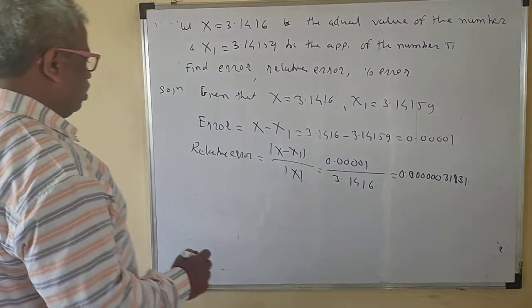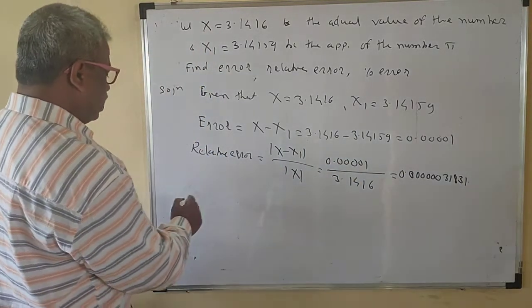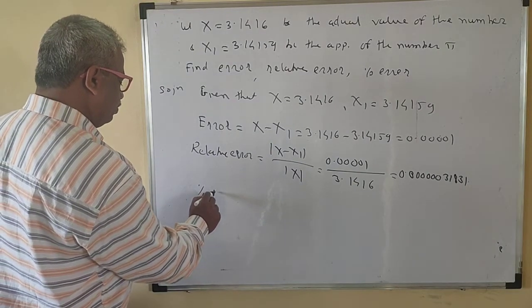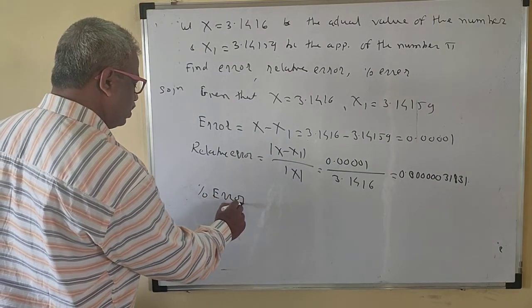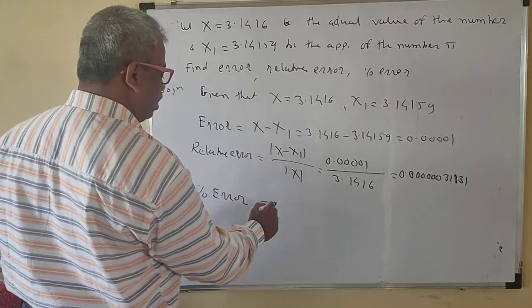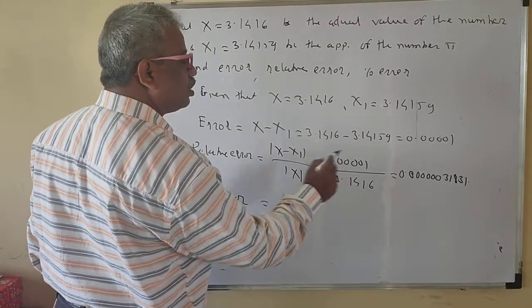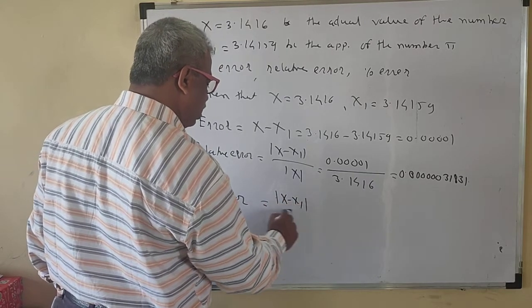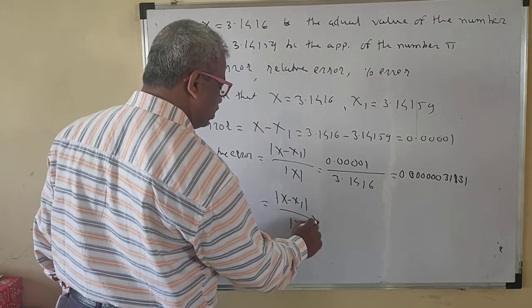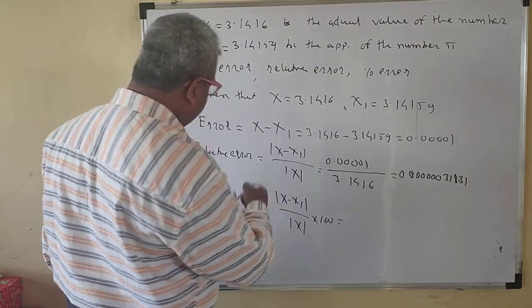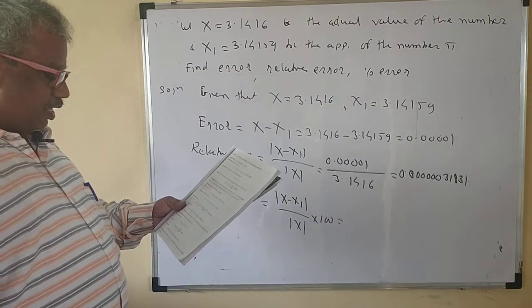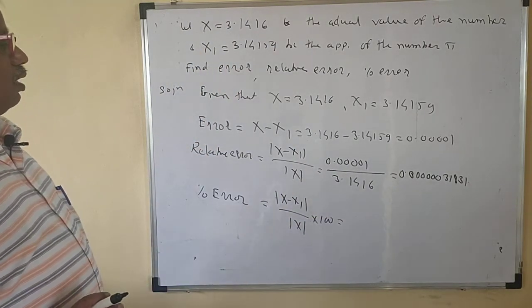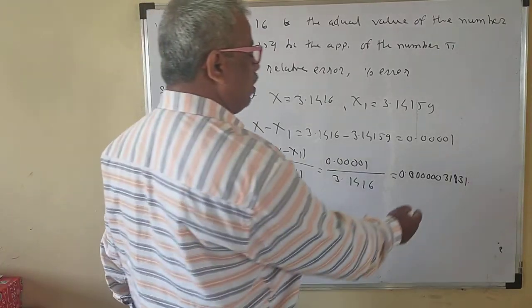Okay. Then what you want then? Percentage error. Don't write this symbol. This is what then, relative error into 100. So just multiply by 100. I am writing the formula and directly writing the answer, because you have already calculated the relative error. Just multiply the relative error by 100.